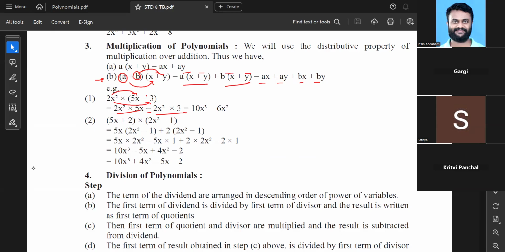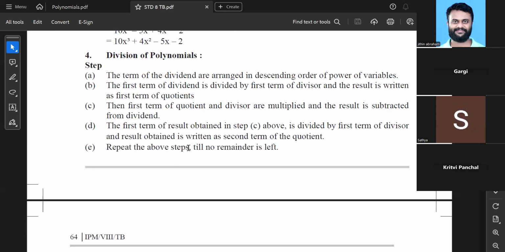Very good. Proceeding further. Division of polynomials. The terms of the dividend are arranged in descending order of power of variables. In simple language, arrange in descending order of power. Then the first term of the dividend is divided by the first term of the divisor.